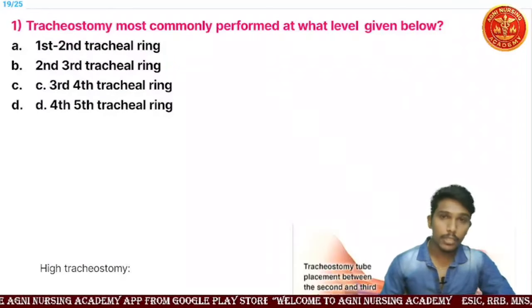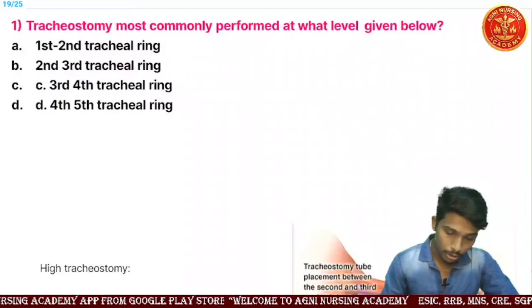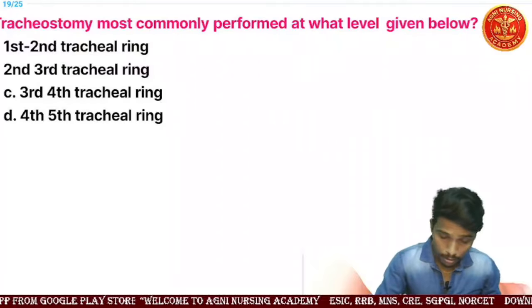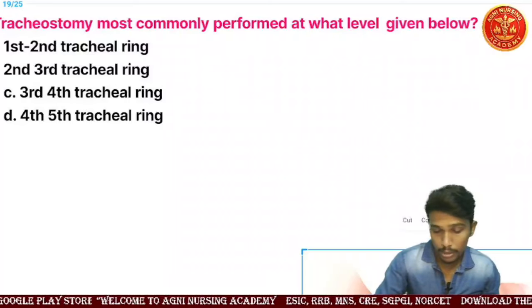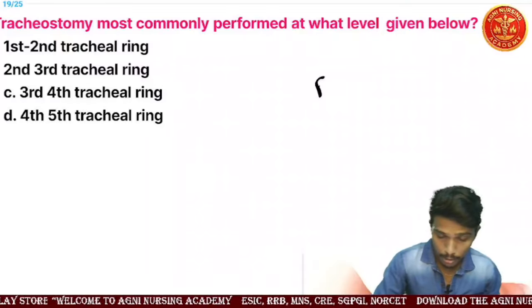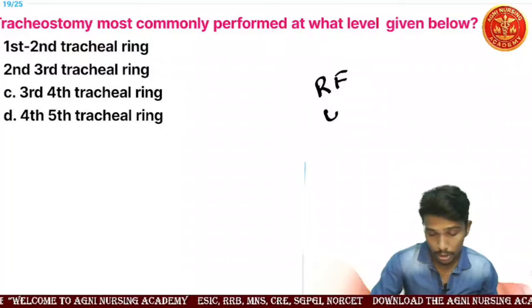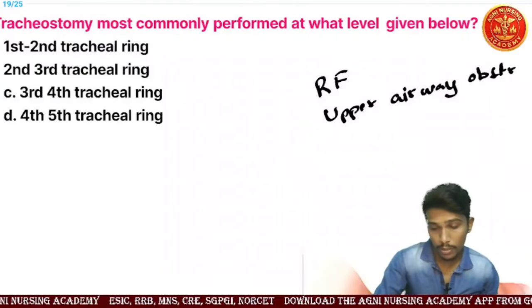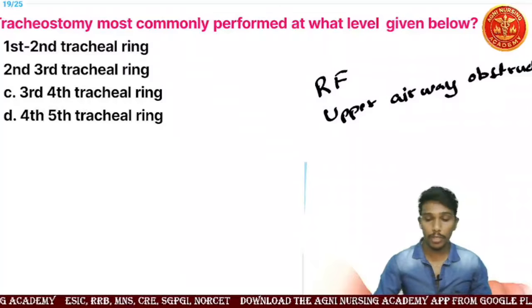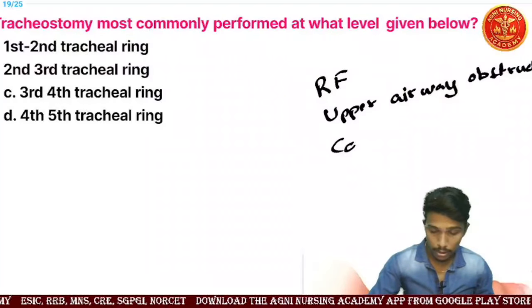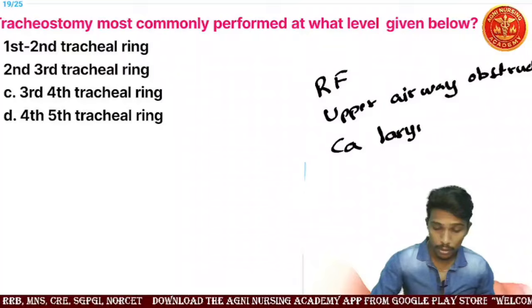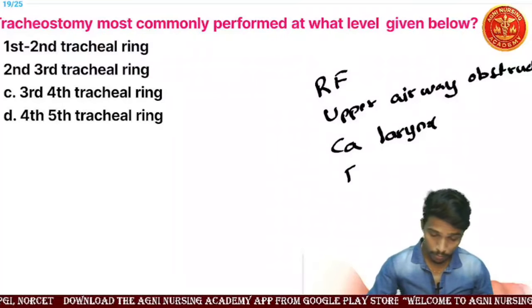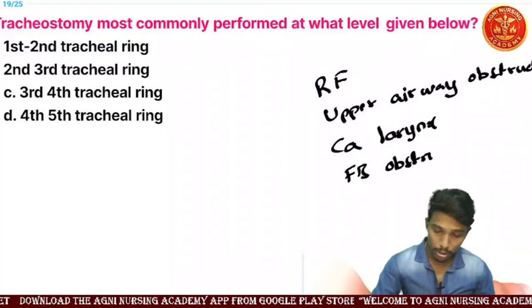Okay, what is this tracheostomy? This is the procedure we have to do when the patient fails to respirate, that is, when the patient is not able to respirate, like in respiratory failure and upper airway obstruction, such as laryngeal cancer (CA of larynx) and foreign body obstruction.